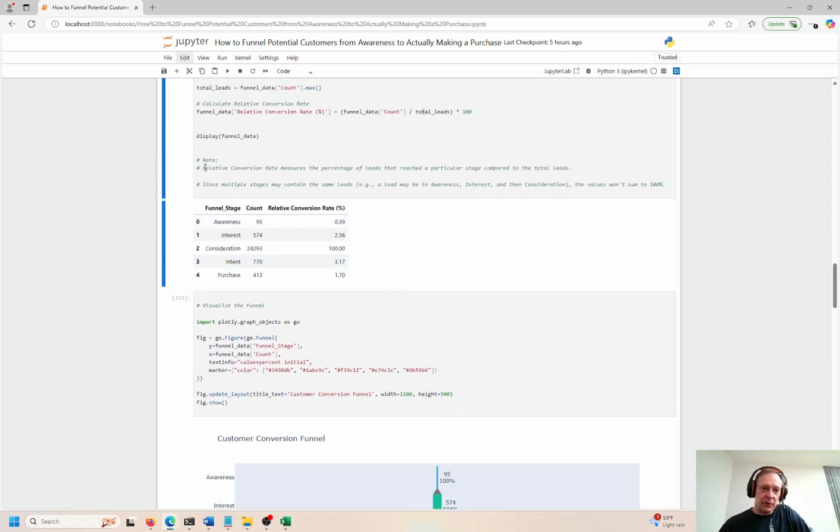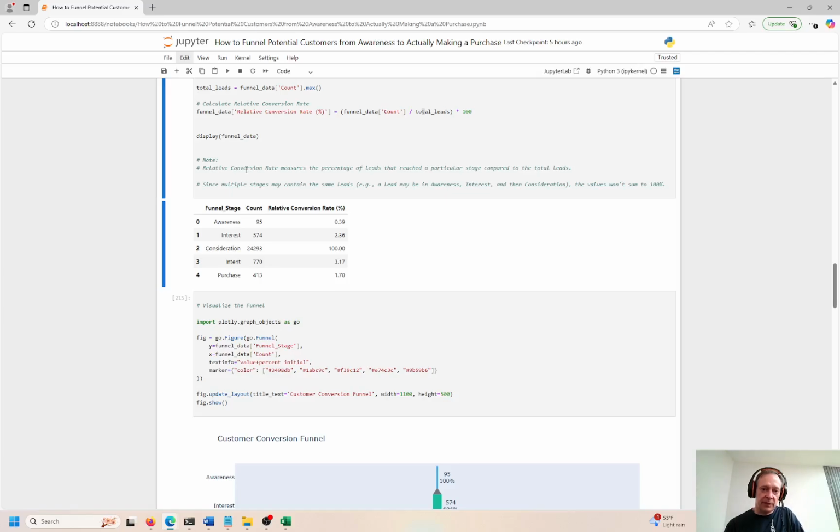And you have to look too at my notes: relative conversion rates measure the percentage of leads that reached a particular stage compared to the total leads, okay? And since multiple stages may contain the same leads, they might end up in the awareness bucket, in the interest bucket, then consideration, but the value isn't always 100%.